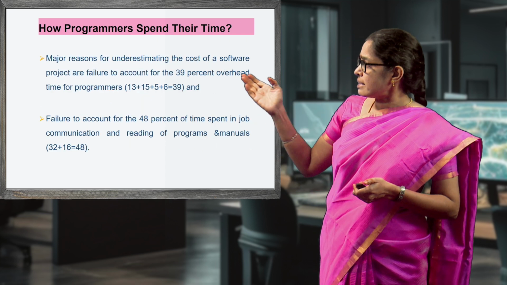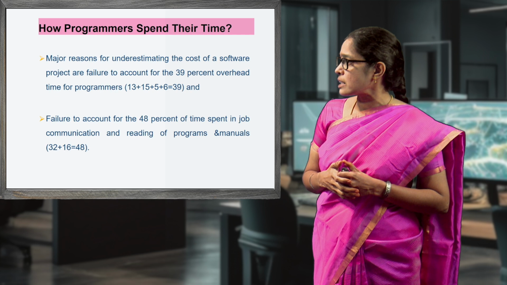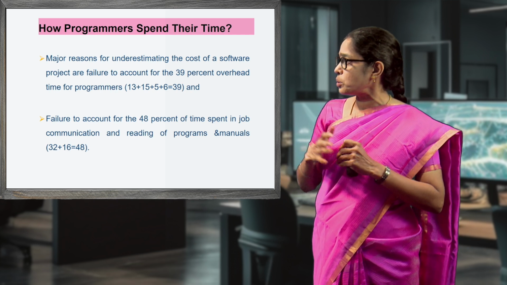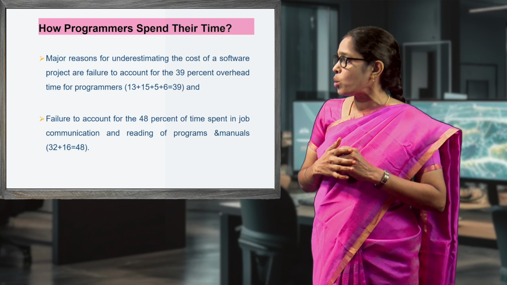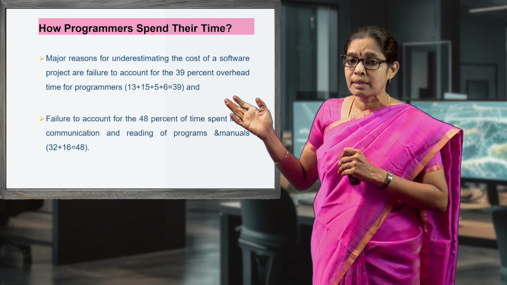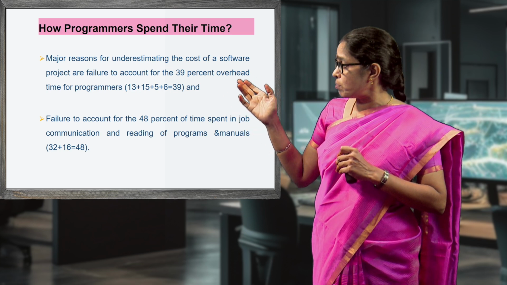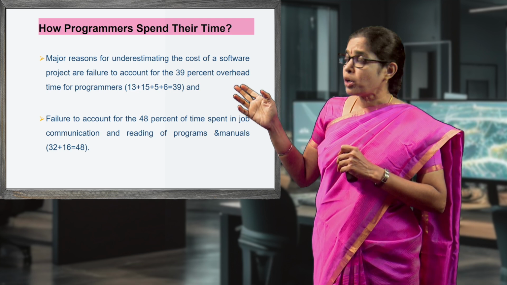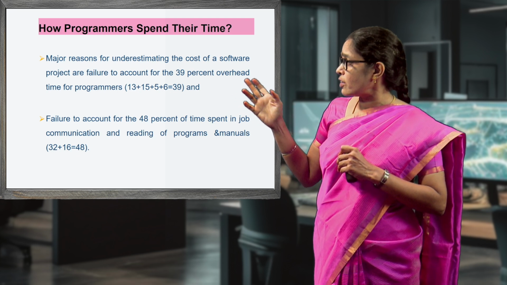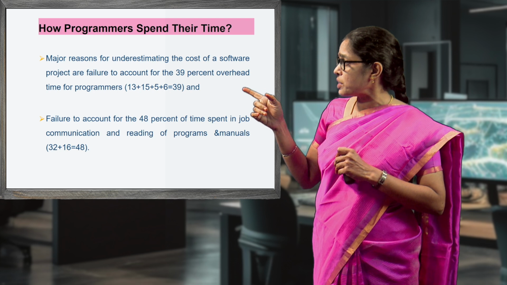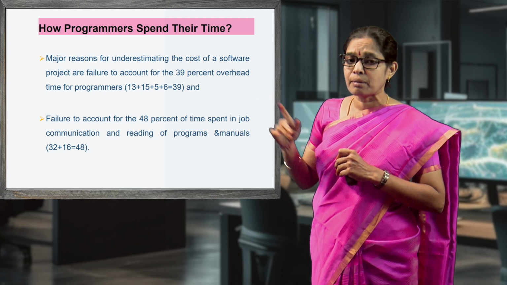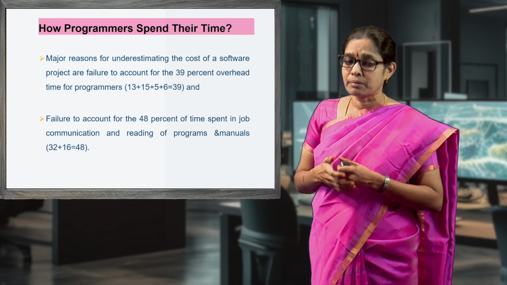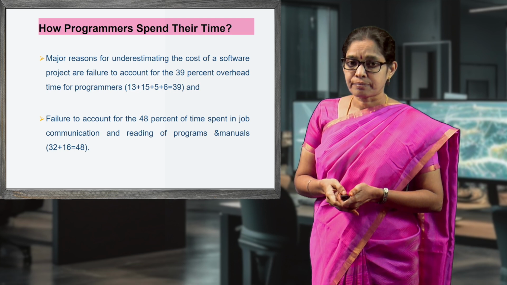So a major reason for the cost of failure of a software product is the 39% overhead time for programmers, like 13 plus 15 plus 5 plus 6 is equal to 39. Then failure to account for 48% of time spent in job communication and reading of programs and manuals, which is 32 plus 16, is 48% of effort.